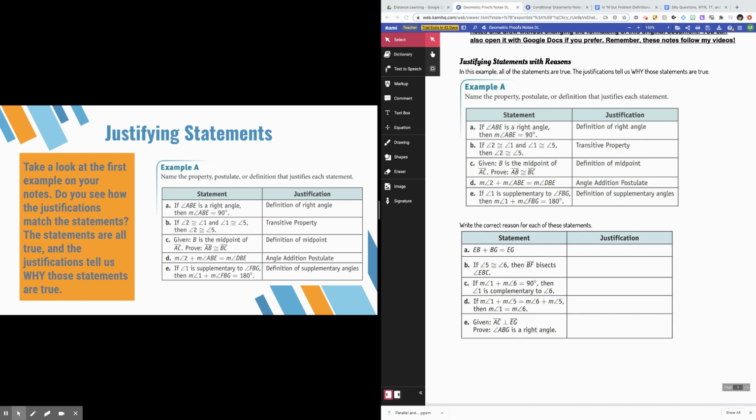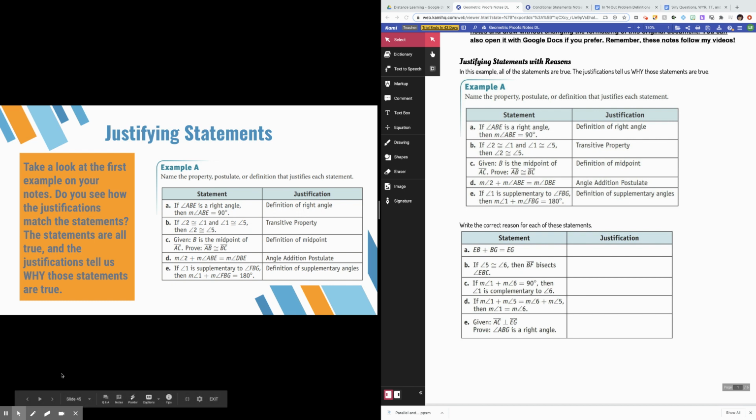For geometry, we're going to do a very similar thing, just with geometry rules and geometry statements. We will use the algebraic properties sometimes, but we're also going to include some geometric definitions and properties in our statements.